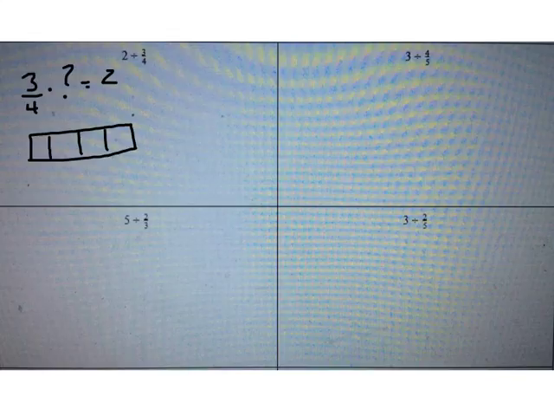How many pieces do I need to split the 2 across? I need to split the 2 across 3 pieces because that's the numerator. So if I'm splitting 2 across 3 pieces, what fraction goes inside of each box? What's 2 divided by 3? It's 2/3.